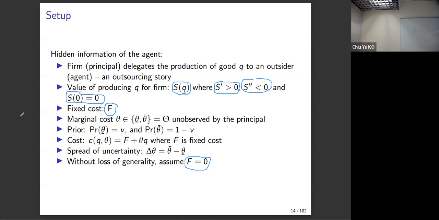The cost of production is a fixed cost plus theta times Q. What turns out to be important later is how this uncertainty, the spread delta theta, will affect the nature of the market.